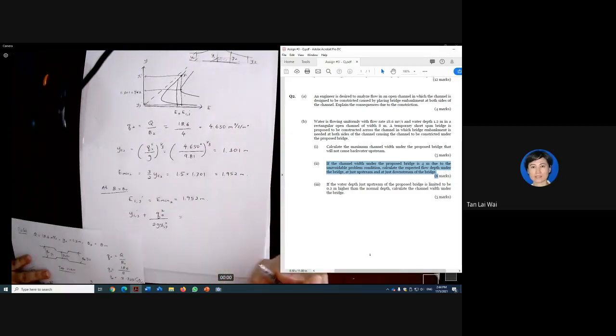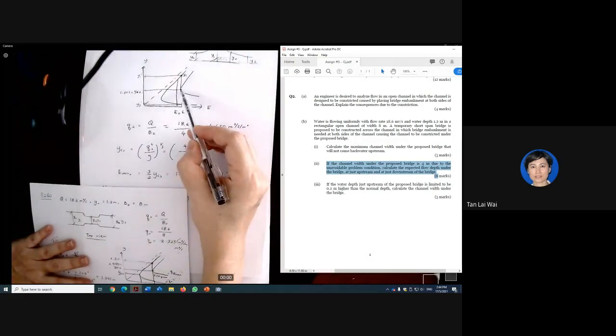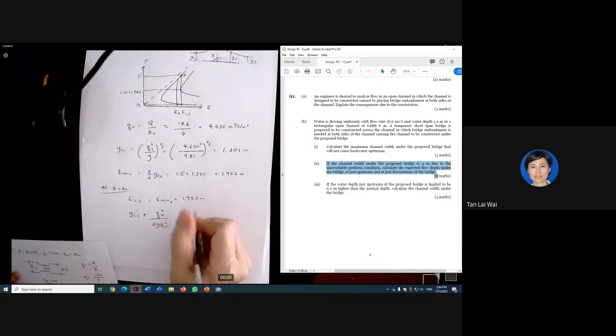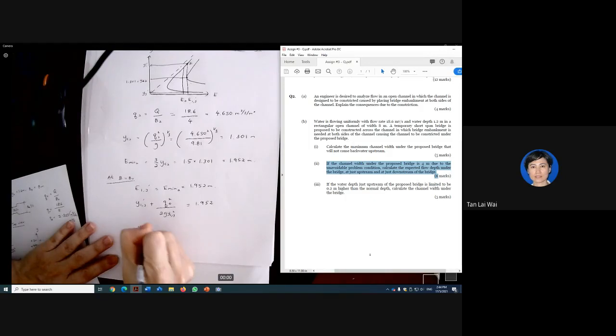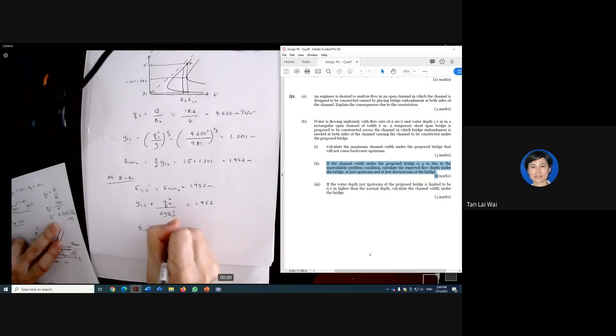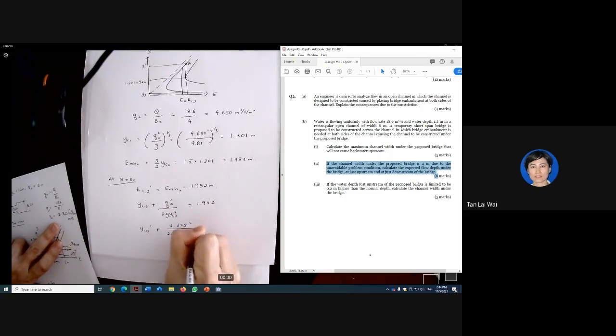This is Q0 because you want to find Y1 and Y3. If you want to find Y2, then you need to read on this curve here. So I have this equal to 1.952, and I substitute this.